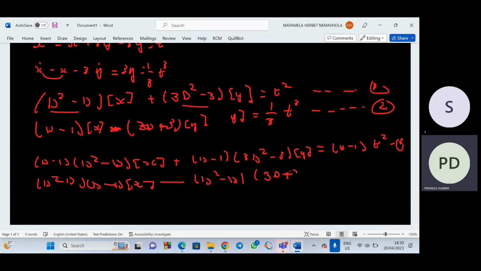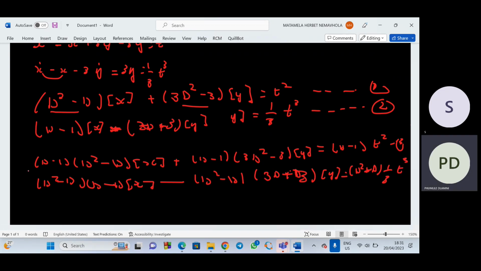Yeah, it's plus D. Let me verify that, because it's minus. Yeah, it's plus D there. Sorry, not plus D, plus 3 of y. Then equals 1 over 3. We are multiplying by minus D, so D squared minus D in brackets of 1 over 3 t cubed.